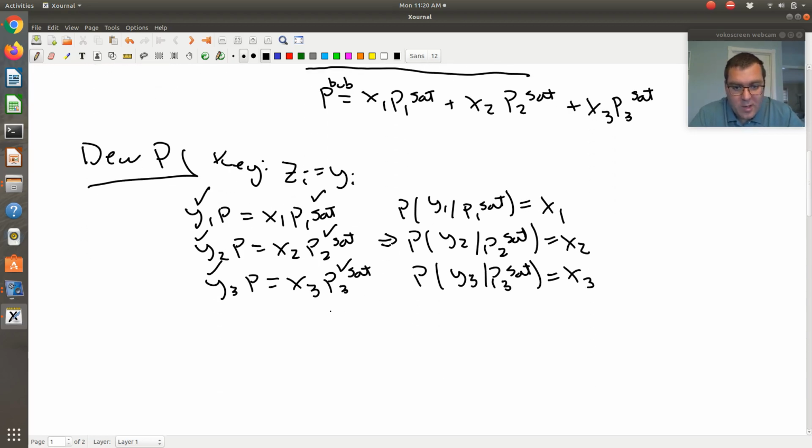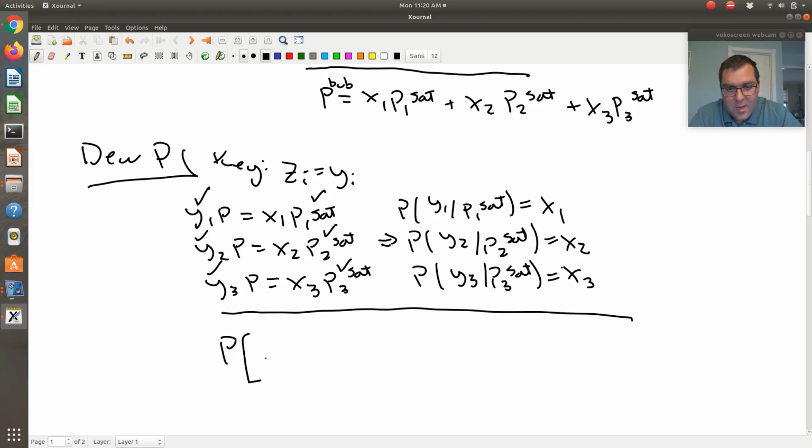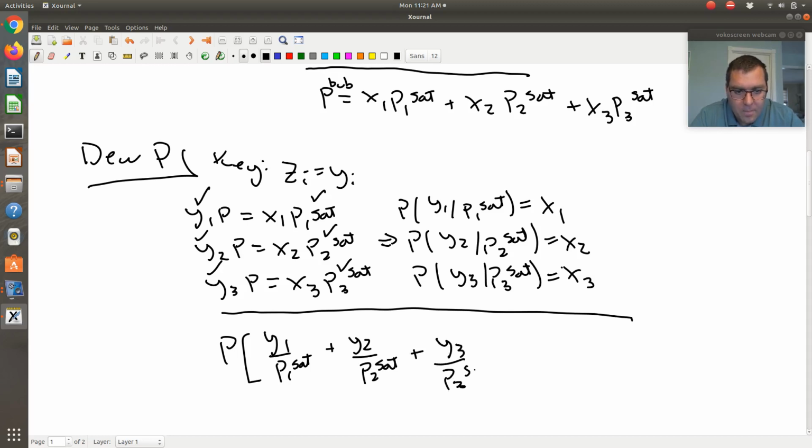Sum the equations together. I'm going to write a big bar so I get more space. Liquid phase mole fractions sum to 1. Factoring out P, I get P times y1 over P1 sat plus y2 over P2 sat plus y3 over P3 sat is equal to 1.